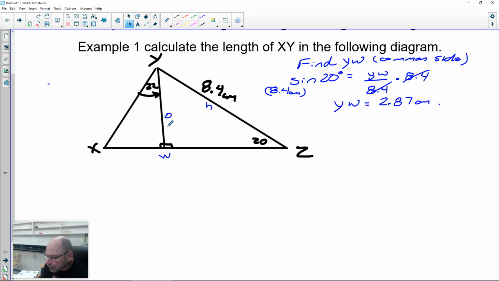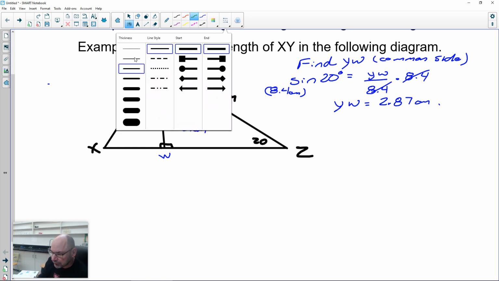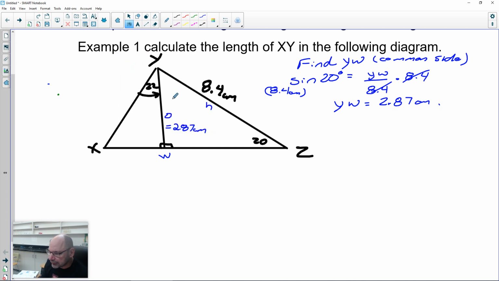So now that I know that this equals 2.87 centimeters, I'm going to be looking to get XY now. So we're going to be using this angle 22. So this ends up being the adjacent side. So we'll use a different color so we don't get confused here. Okay, so this is the adjacent side for the 22-degree angle, and this is the hypotenuse side for the 22-degree angle when we're using the smaller triangle here.